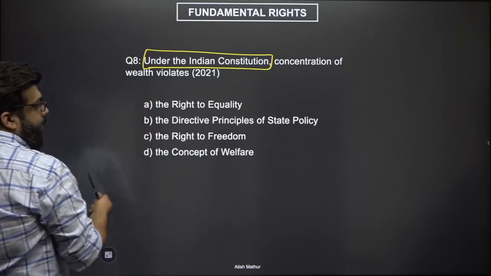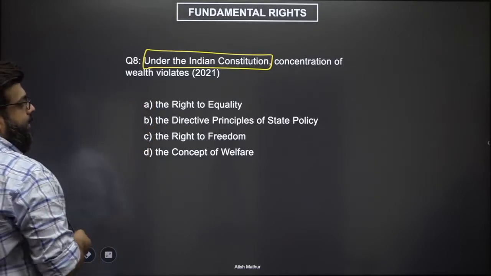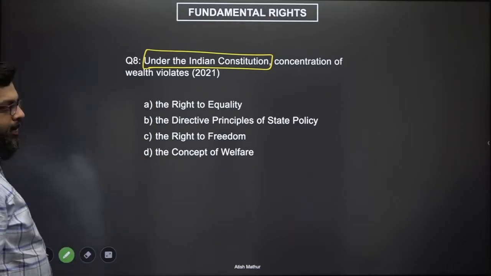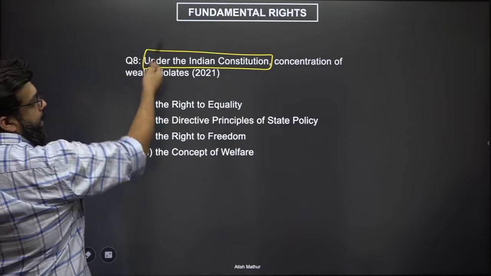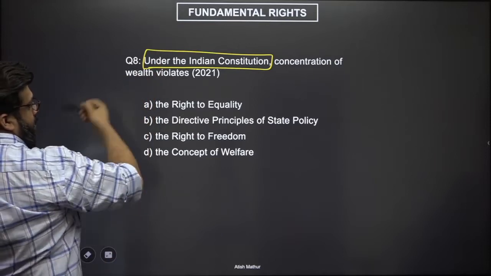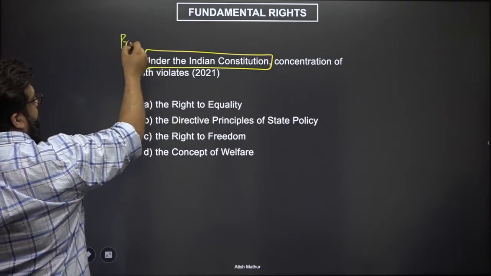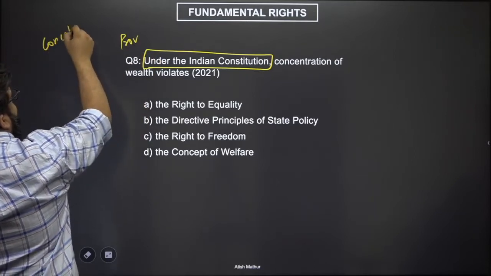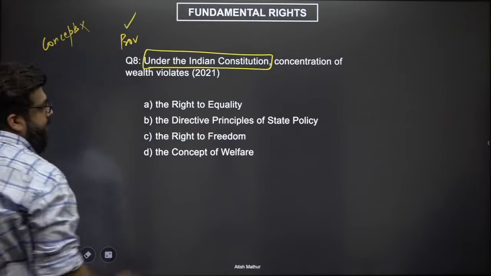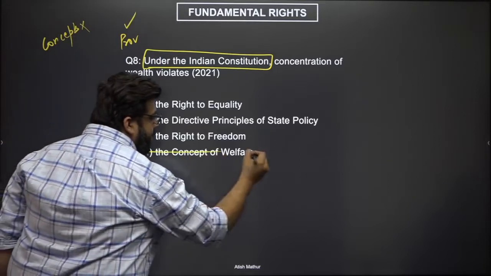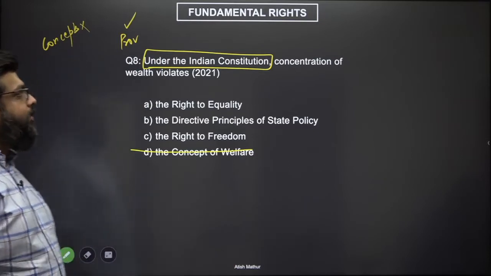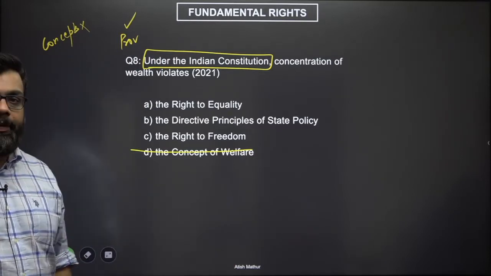The right to equality, the directive principles of state policy, the right to freedom, or the concept of welfare. Now, if it is under the Constitution, it will have specific provisions. The Constitution does not have concepts written down. It has provisions written down. So this is automatically eliminated. The concept of welfare is automatically eliminated, right?